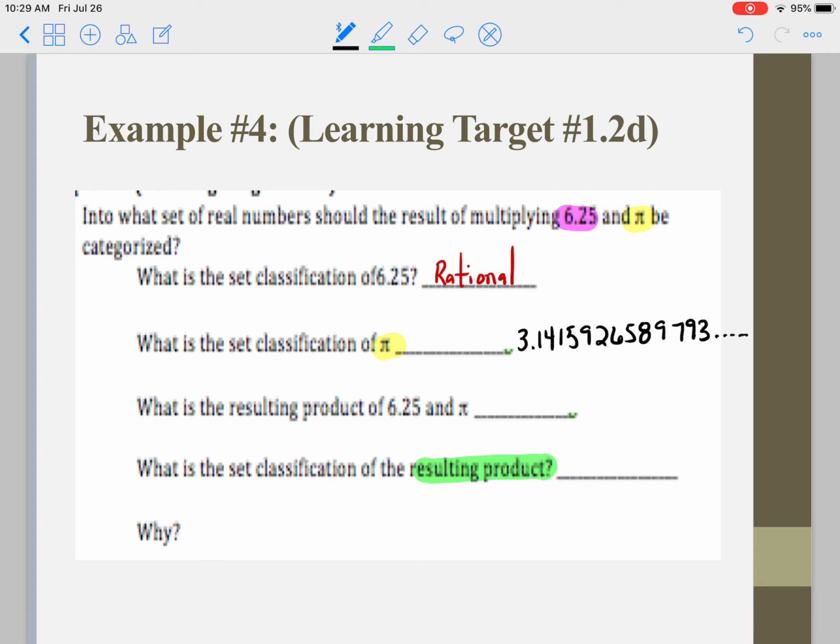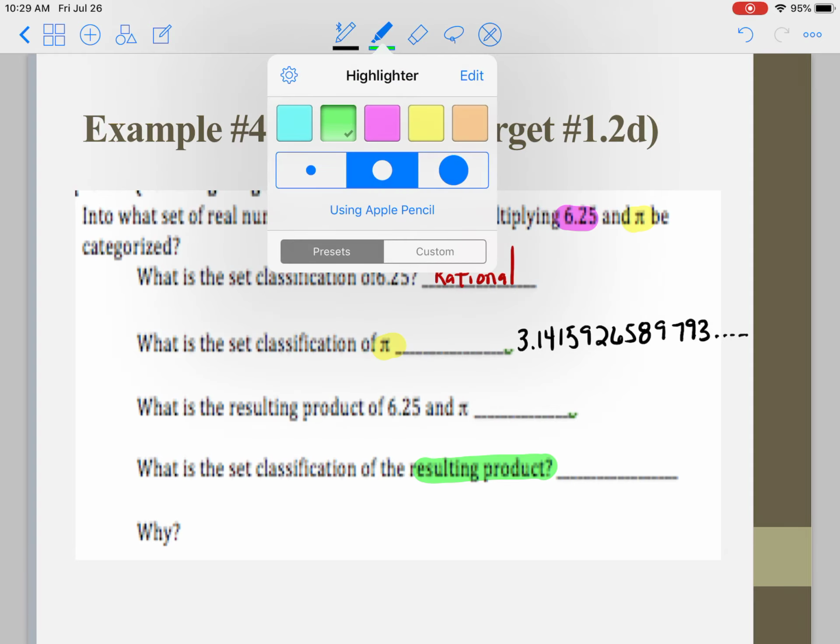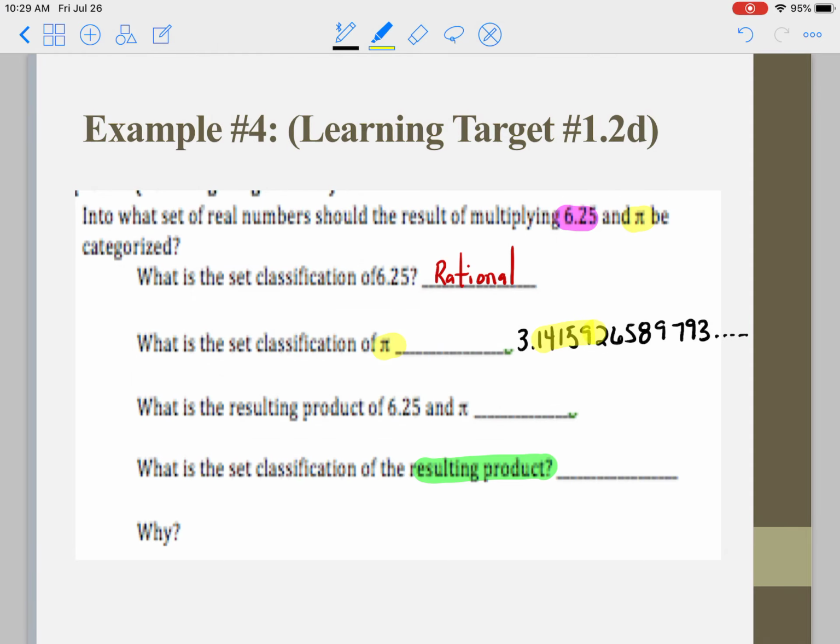It goes on forever. So now we need to determine, does it have a discernible repeating pattern within the decimal portion? In this case, it does not. There is not a terminating or a repeating pattern.